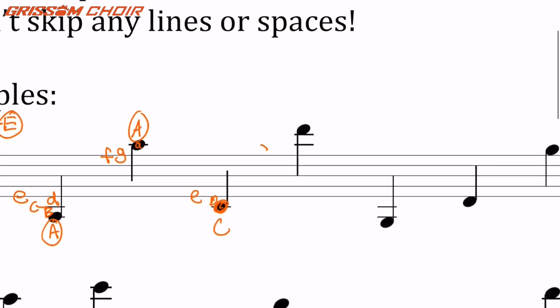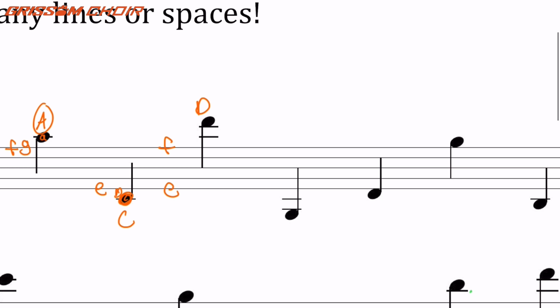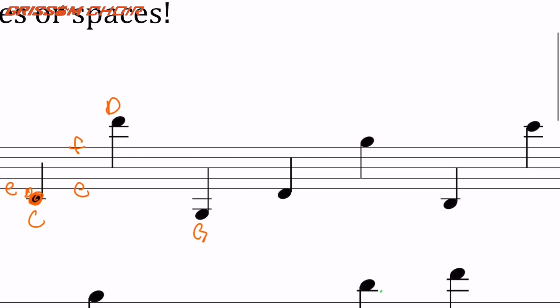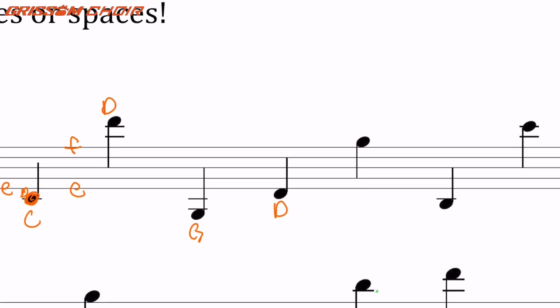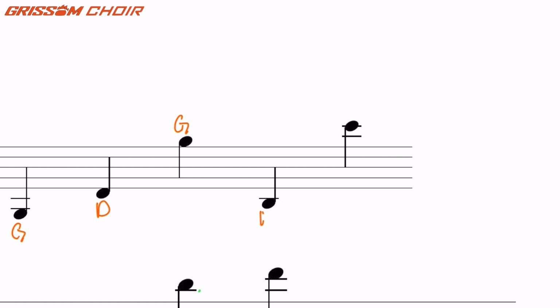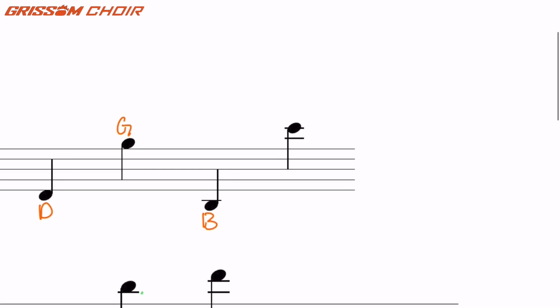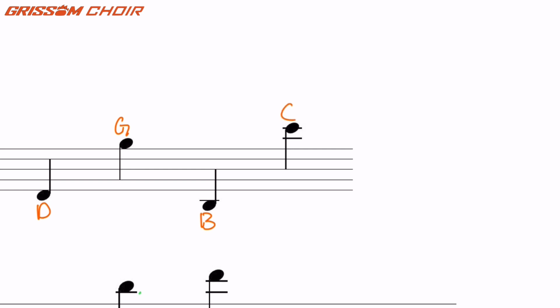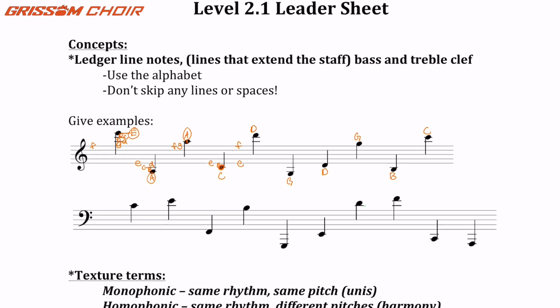With the top line being F, the bottom line being E, this note right here would have to be D. This note would be G. This note would be D. This note would be G. This note would be B. And the last note would be C. Those would be our ledger lines of the treble clef.